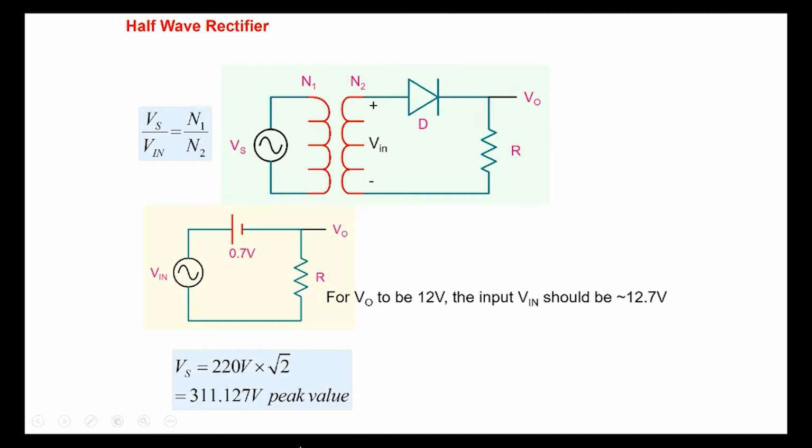The input is of course 311.127, we've seen that here, and therefore the turns ratio N1 by N2 is 24.5.